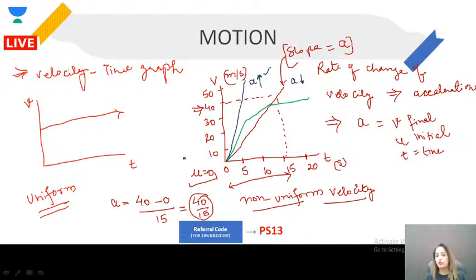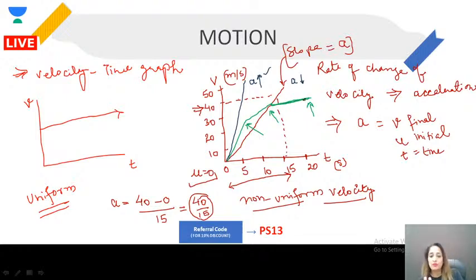What would we get from this graph? First, its velocity was changing very fast. Then velocity did not change very fast, and after a point there was no change in the velocity. Okay, the object is moving at the same velocity.